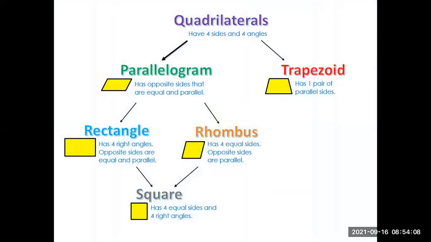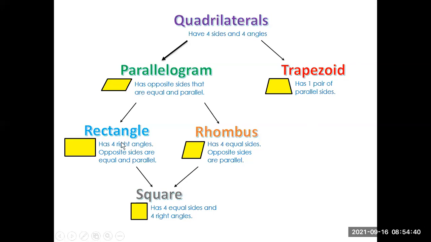Okay. And then we saw the complete diagram or the interrelation of the different types of quadrilaterals, distributed into two parts. First is a parallelogram and second is a trapezoid. A parallelogram has two pairs of parallel sides which are equal, and a trapezoid has only one pair of parallel sides. Then we saw in parallelogram special forms, that is a rectangle.